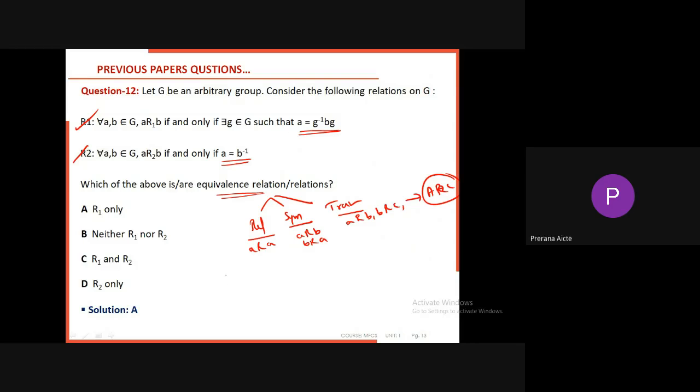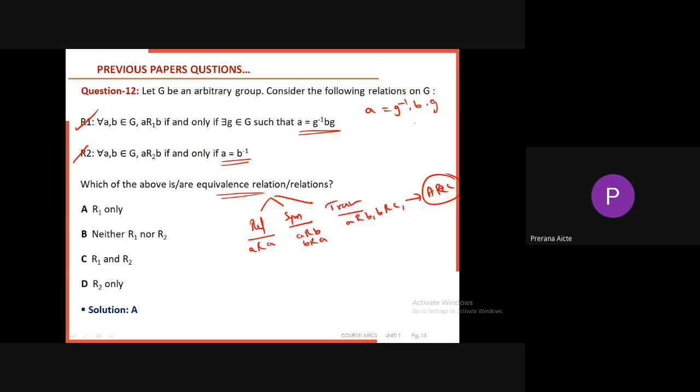Suppose first see the first one, the R1 relation. So here a is equal to g inverse b g. Now if you apply this relation, we need to get a related to a only, b related to b only.